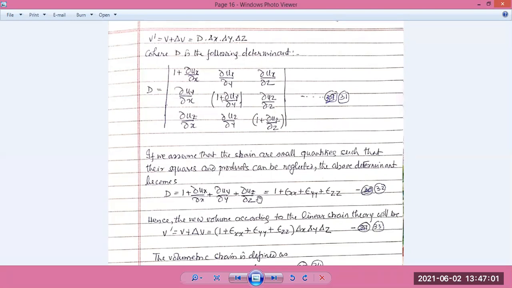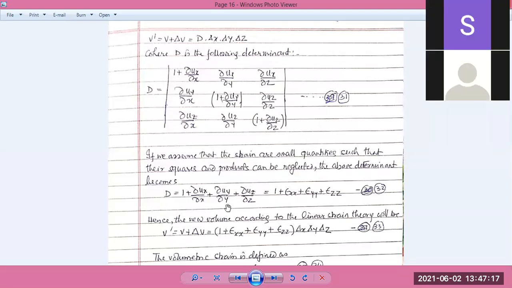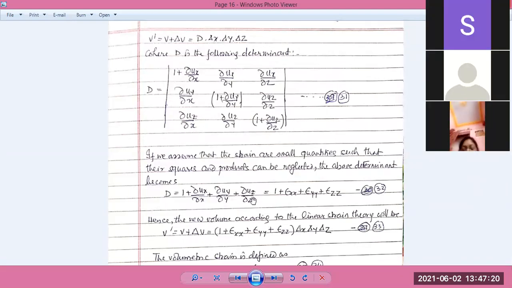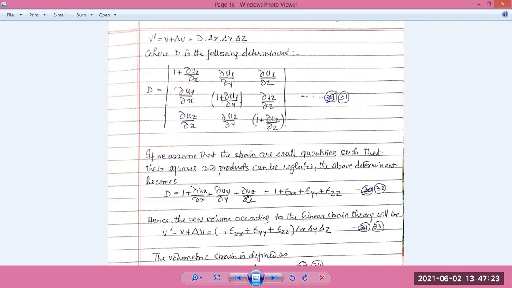We know the change in strain along the x-axis will be the rate of change of direction cosine along the x-axis, and the change in strain along the y-axis is very clearly the change in direction cosine along the y-axis, and the strain existing along the z-axis is the change in direction cosine along the z-axis itself. So the determinant D becomes 1 plus epsilon xx plus epsilon yy plus epsilon zz.